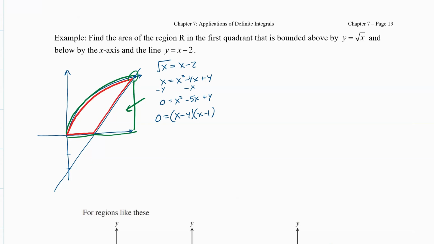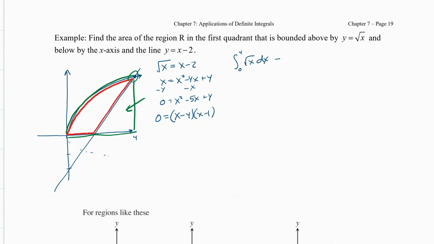And that looks confusing until you realize that the x minus 1 is the value you would have gotten had you extended that half parabola down below the curve. All right, so now we know that the green region can be thought of as the integral from 0 to 4 of the square root of x.